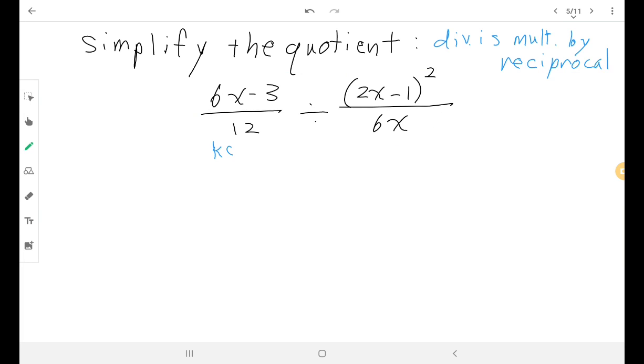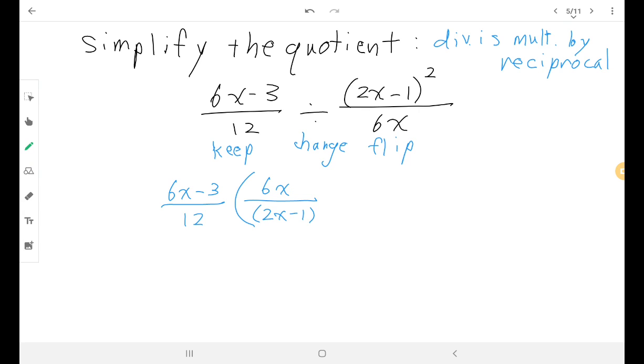It's called keep, change, flip. Okay? So to turn this into a multiplication problem, you keep the first thing, change to multiplication, and flip the second thing. Just like that. Okay? So there we have that.